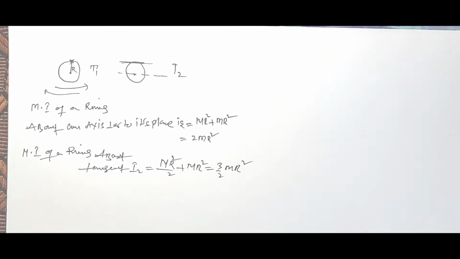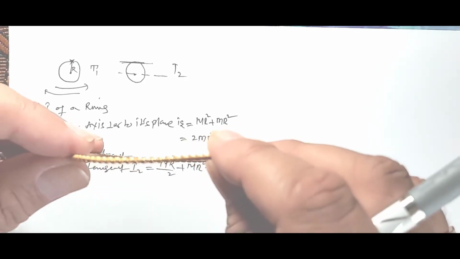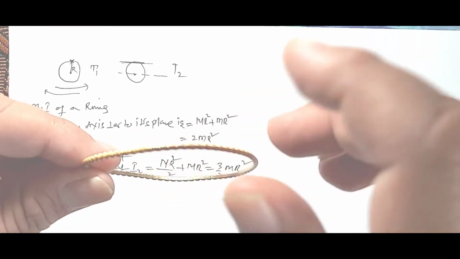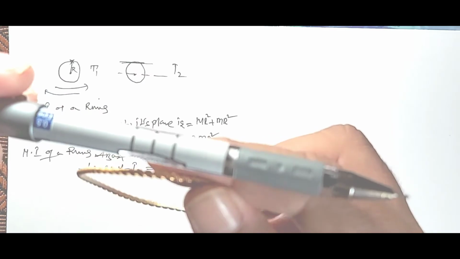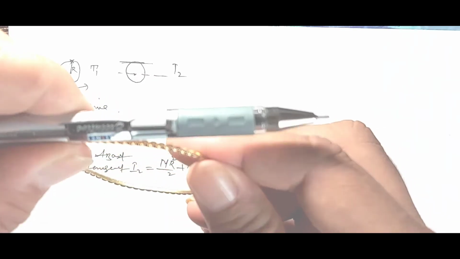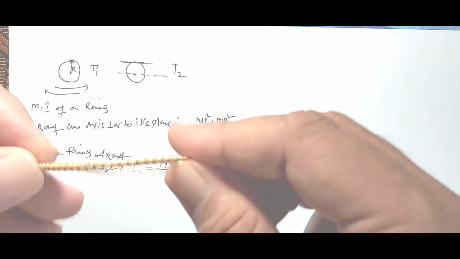So let us see, this is a ring. In the first case the ring oscillates along this direction, this is a nail, but in the second case the ring oscillates perpendicular to its plane. Perpendicular to its plane means it oscillates like this.